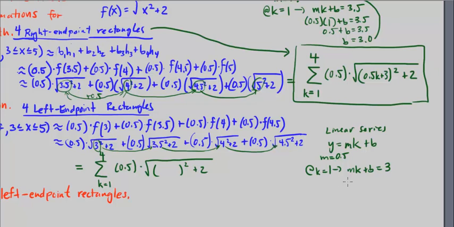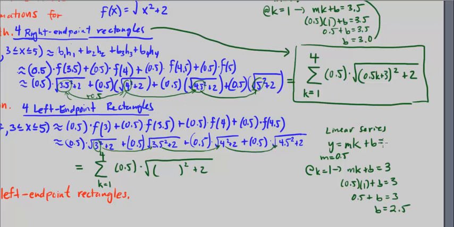Let's plug in our knowns. We have 0.5 times 1 plus b is equal to 3. 0.5 times 1 is 0.5, plus b is equal to 3. Solving for b, let's subtract 0.5 from both sides and we get b is 2.5.